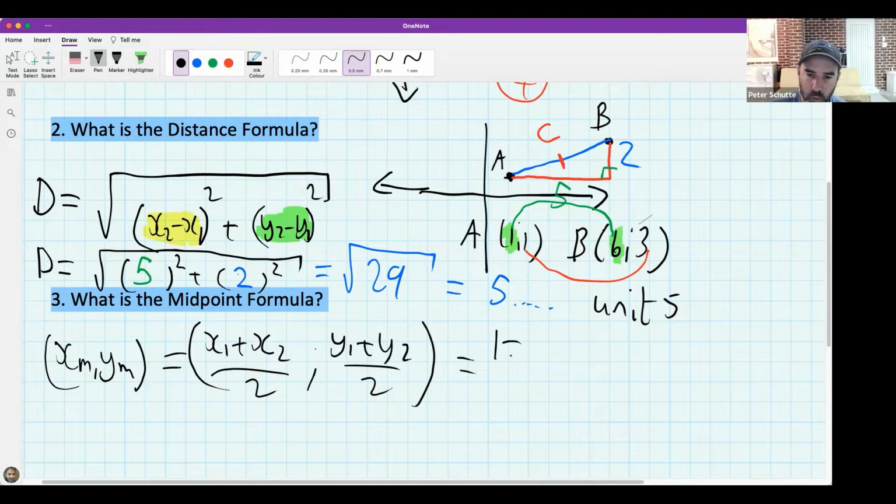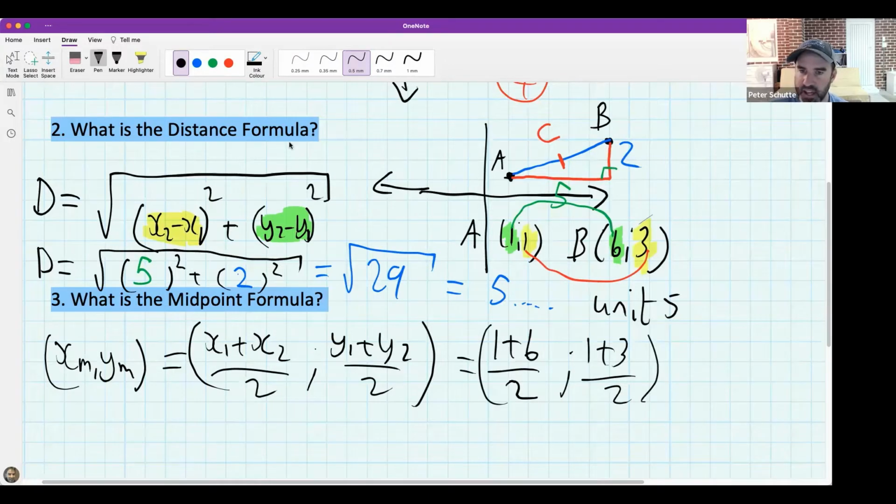So we add 1 plus 6, and divide that by 2. And then for the y coordinate, we had a 1 there and a 3 there. To find the midpoint, we add the y coordinates and divide by 2. According to my maths, we get 7 over 2 or 3.5, and 4 over 2 is 2. So the point C has those coordinates.